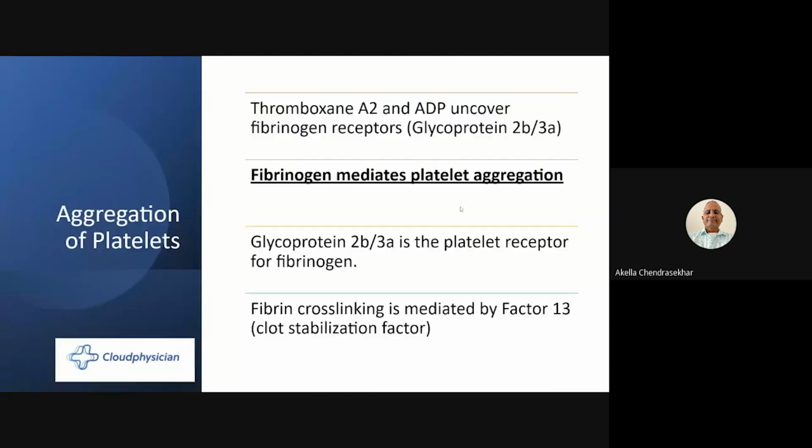Next slide. So remember, fibrinogen mediates platelet adhesion and aggregation. So fibrinogen levels are extremely important. In fact, because fibrinogen is so important, we need to really focus on fibrinogen levels in all our perioperative patients.